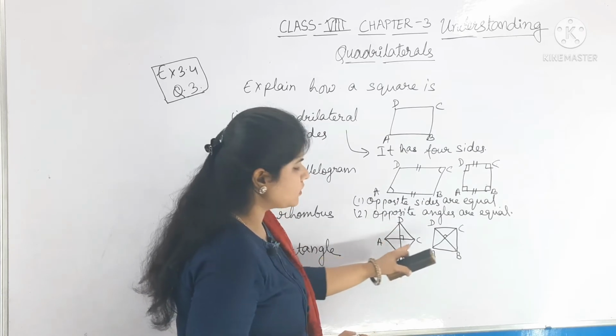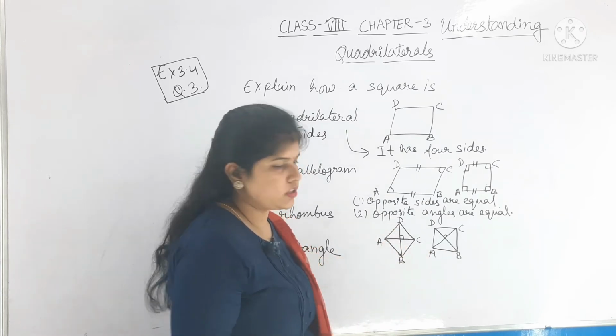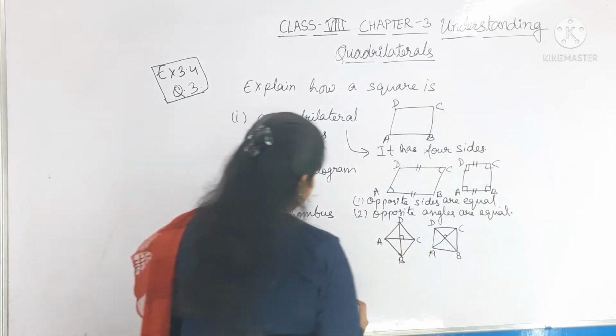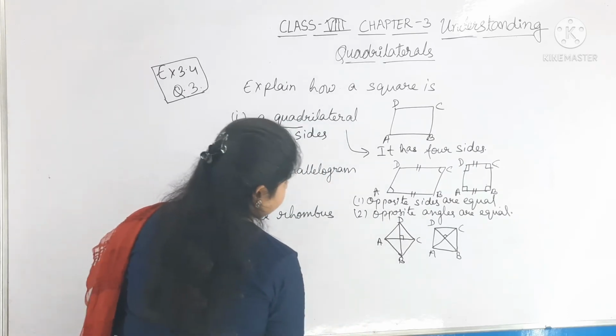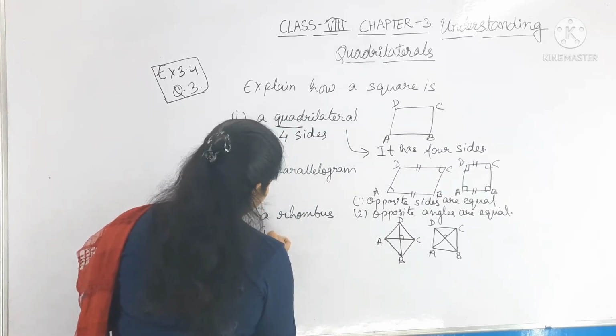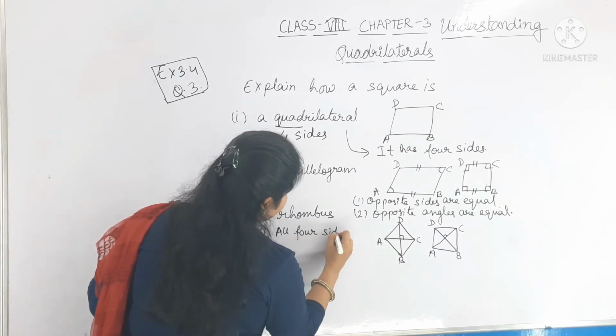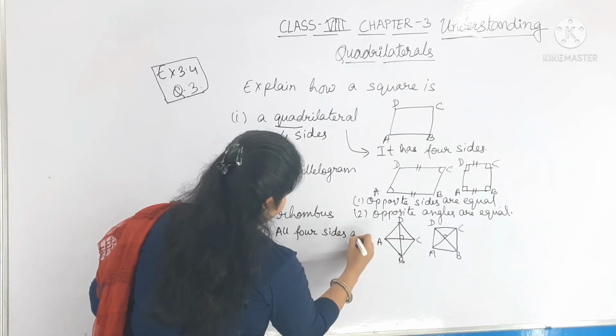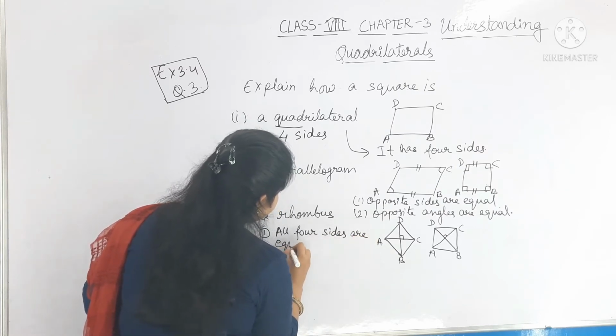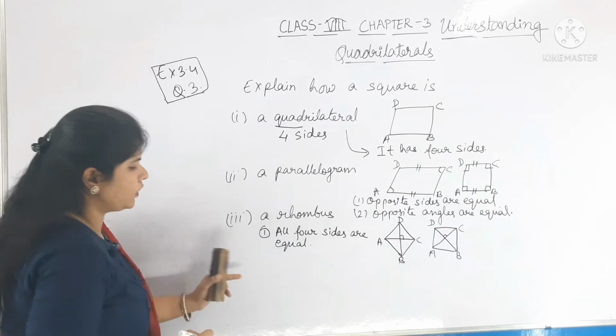And the diagonals bisect at 90 degrees. So here is the reason. Number one reason is all four sides are equal in both, so you can simply write that all four sides are equal.